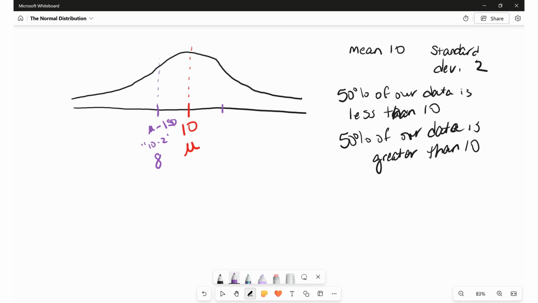And then over here, we have mean plus 1 standard deviation, which is 10 plus 2, which is 12.